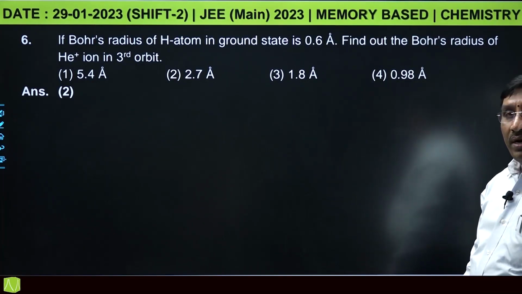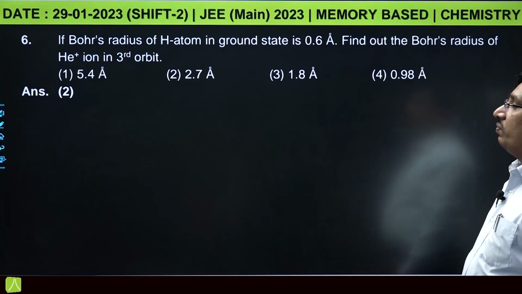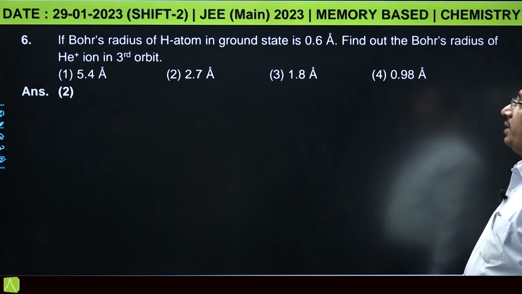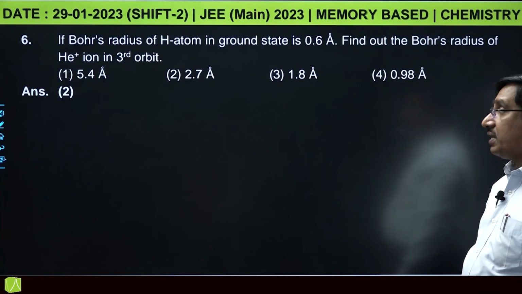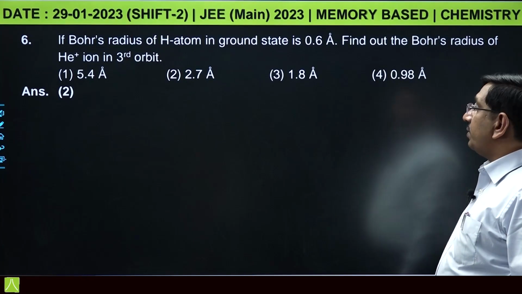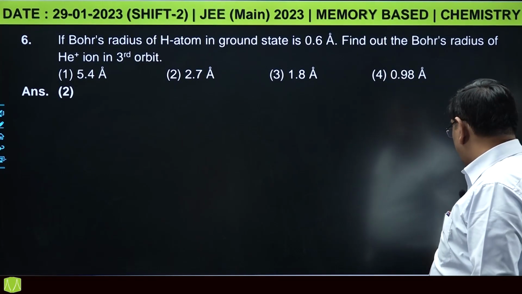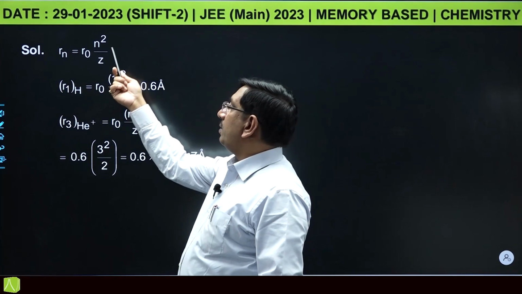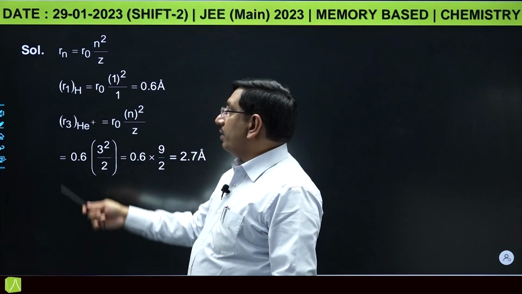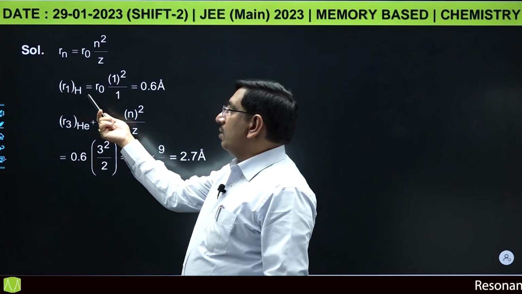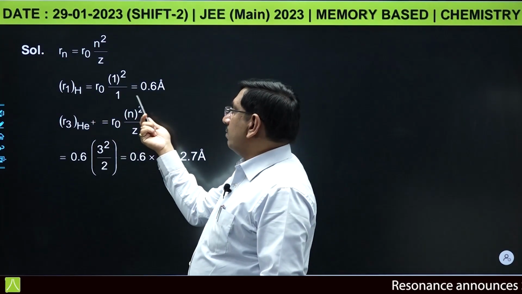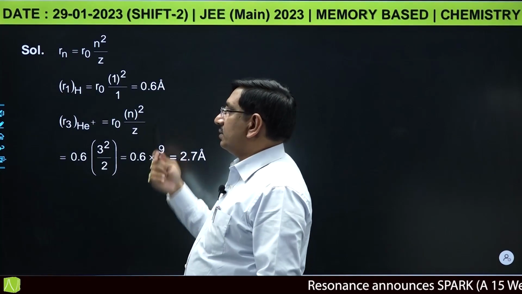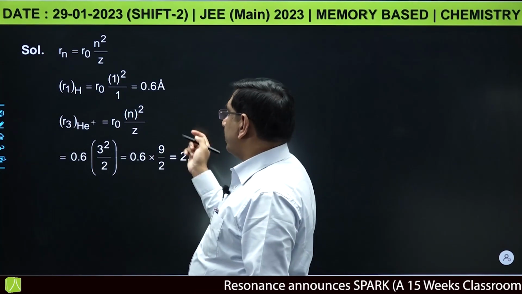Next one, this is from atomic structure, very easy question. If Bohr's radius of hydrogen atom in ground state is 0.6 angstrom, find out the Bohr's radius of He+ ion in third orbit. And we know the radius of nth orbit is R0 into n square by Z, and here for first orbit of hydrogen we are calculating, this R0 is equal to 0.6 angstrom.